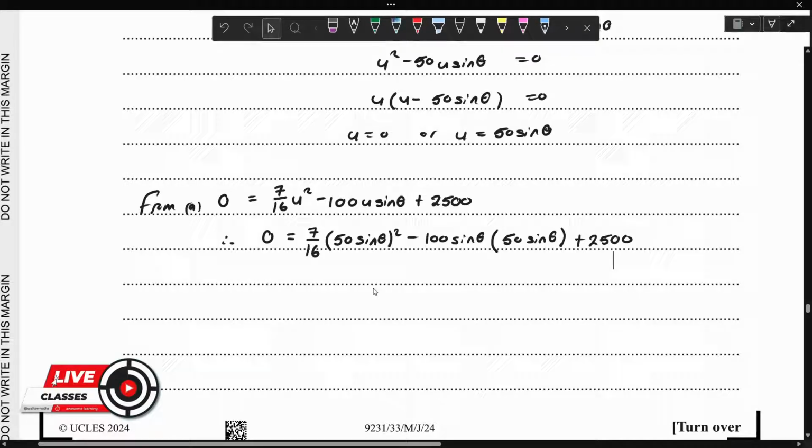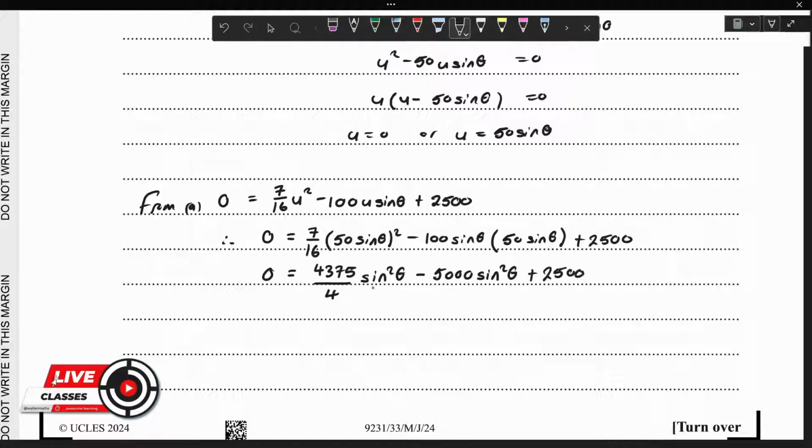Do you want me to just say them? Yes. For the first one, it's 4,375 over 4 sine squared theta, minus 5,000 sine squared theta, then plus 2,500. What's 5,000 minus 4,375 over 4?